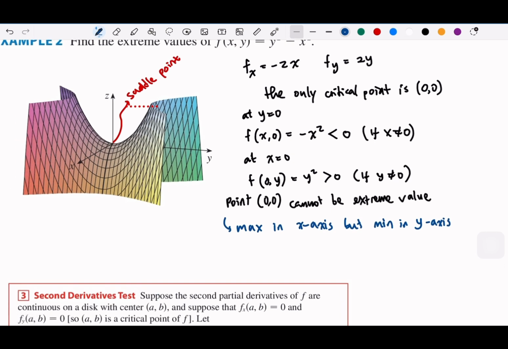You can confirm through your visuals: this is a positive parabola, this is a negative parabola, right? So this is named a saddle point.